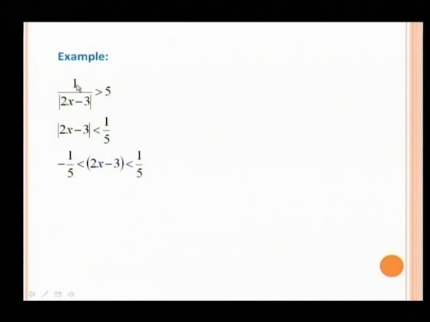The example is that we have to solve 1 divided by |2x minus 3| greater than 5. Here by cross multiplication we would have |2x minus 3| less than 1 by 5. There arise two cases: 2x minus 3 is greater than minus 1 by 5 and 2x minus 3 is less than 1 by 5.